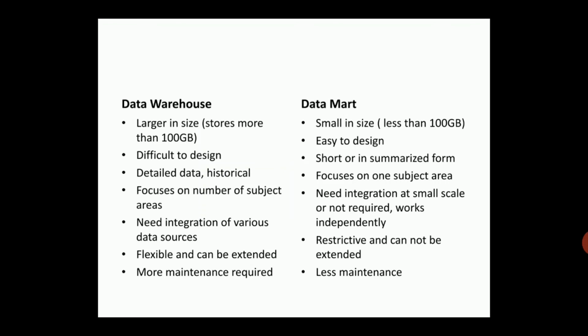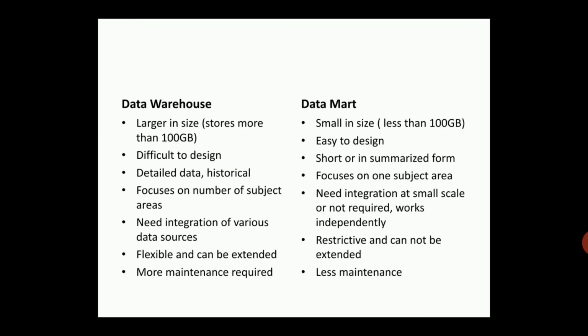The capacity of a data warehouse is more than 100 GBs, while it is less than 100 GBs for a data mart. Another point is the design. As the data warehouse is bigger, it is very difficult to design, and a data mart is easier to design as compared to a data warehouse.